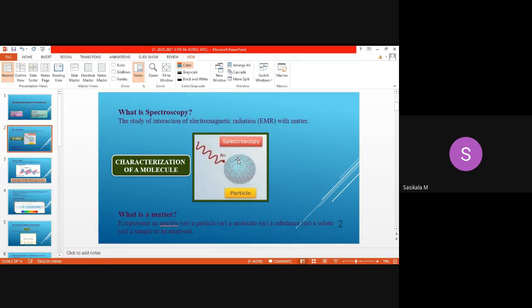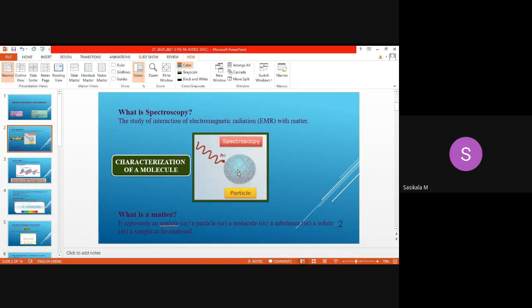This matter will be interacting with electromagnetic radiation, and that interaction makes the sample absorb the radiation, emit the radiation, diffract, reflect or scatter the radiation. It will cause some changes through the interaction, and that tells us about the characterization of a molecule.